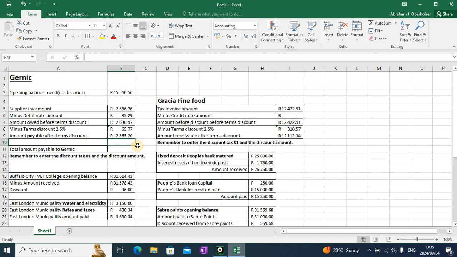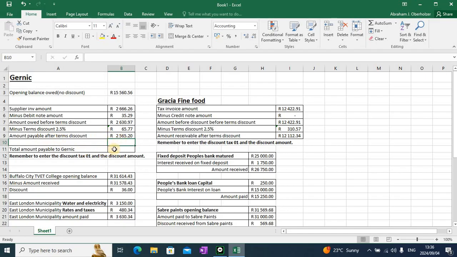Let's just go and read carefully. On page 19, the last payment, electronic transfer to settle the full account of Jernick. No early terms discount on the opening balance allowed. So it's amount payable after terms discount.